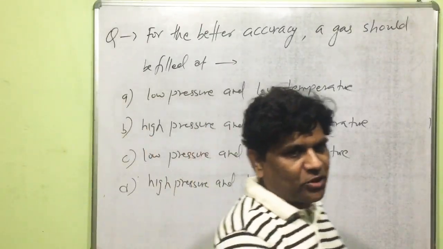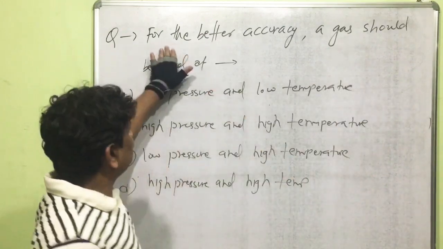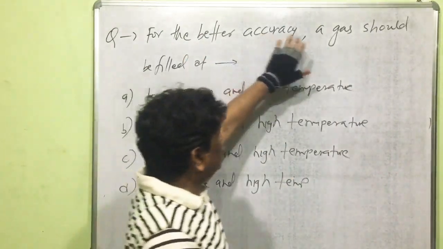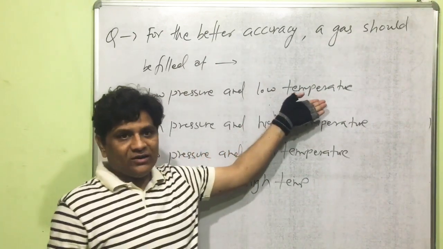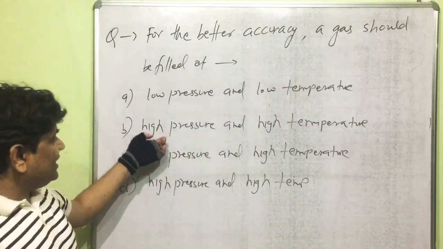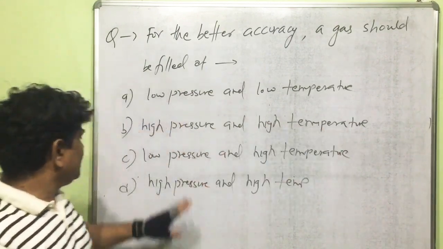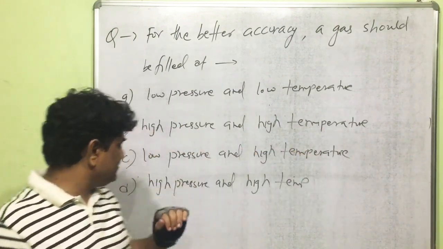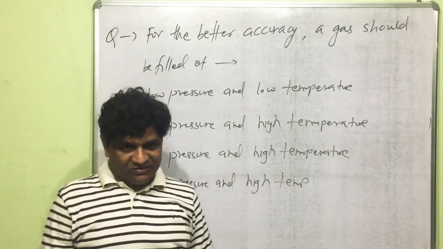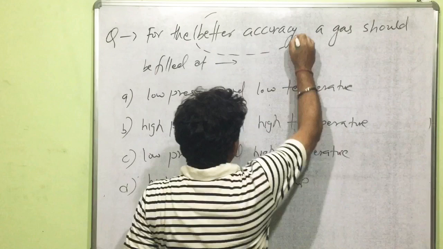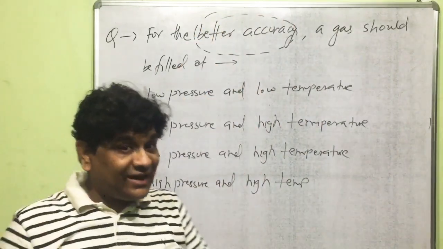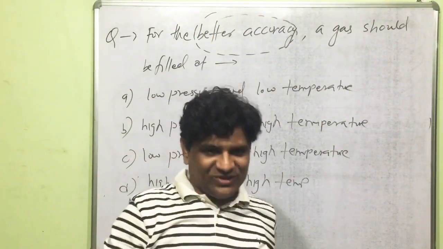Now we can take one important question here. For better accuracy, a gas should be filled at: low pressure and low temperature, high pressure and high temperature, low pressure and high temperature, or high pressure and low temperature. Greater the expansion, better will be the accuracy.